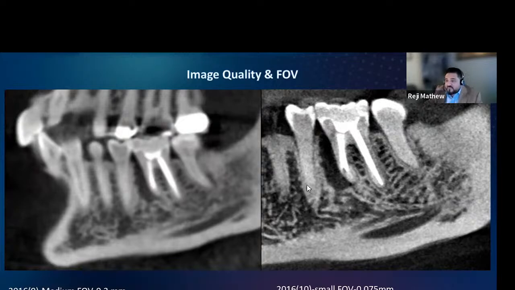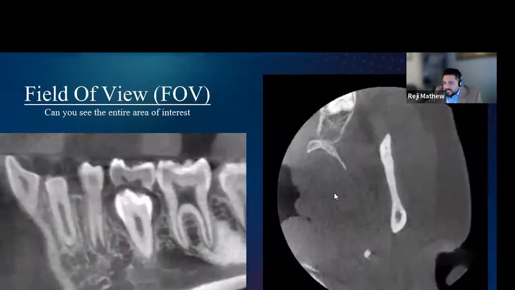When you have a smaller field of view and a smaller voxel size, you could see that lesion very clearly, whereas this one you would barely see it. So how clearly you can see this inferior alveolar canal, those trabecular patterns and everything, that's really good. Now I have to also talk about the field of view.